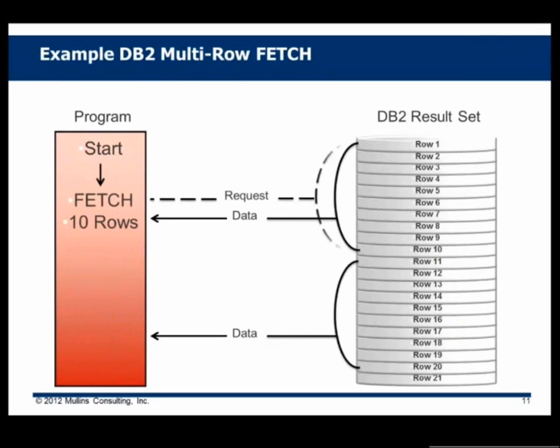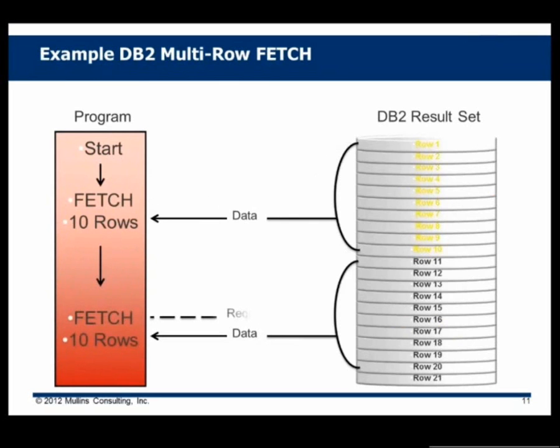Multi-row fetch, on the other hand, which again came out in version 8, allows fetch statements to dictate the number of rows returned from DB2 for each fetch statement. What this does is it reduces the number of times that DB2 has to be called. And by reducing the communication between the program and DB2, we're reducing overall overhead.